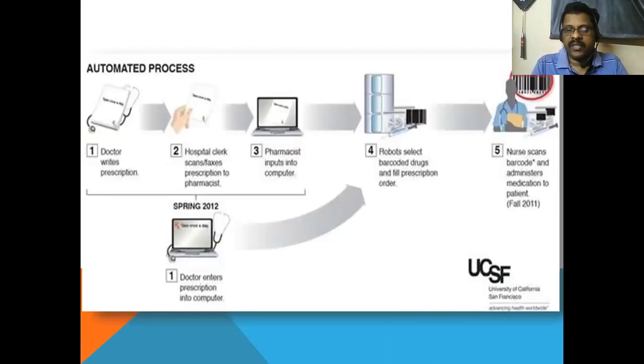Automated voices can be recorded there and may provide advice. The automated process is like this: the doctor writes the prescription, the hospital clerk scans and faxes the prescription to the pharmacist, and the pharmacist inputs it into the computer. There it is authorized and comes online, and then robots select barcoded drugs and fill the prescription order.